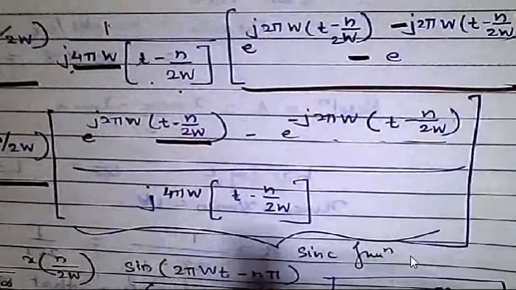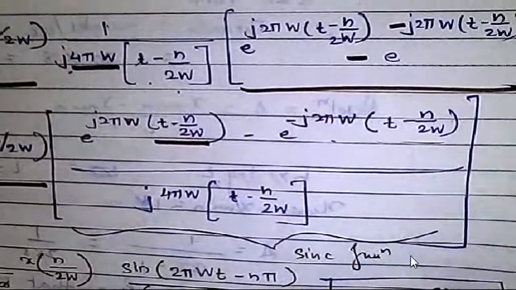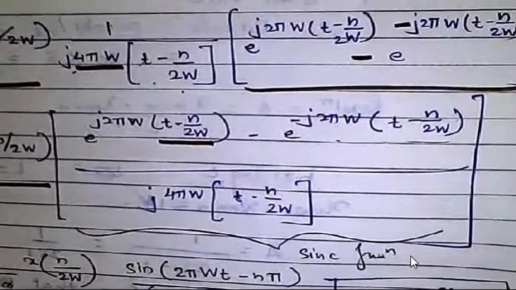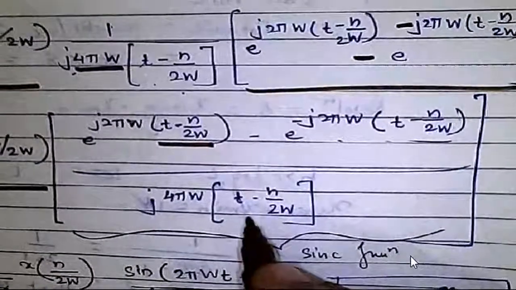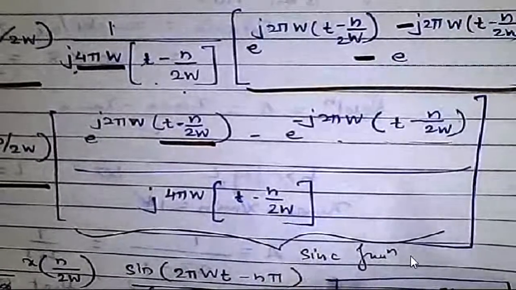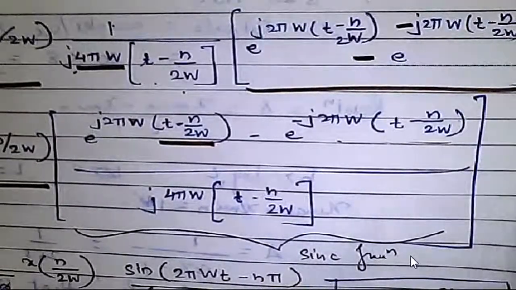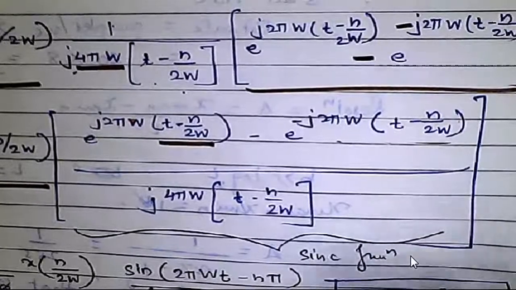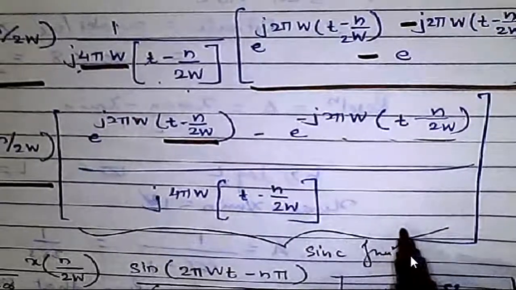This is recalling the term related to sine theta. It is nothing but e raised to j theta minus e raised to minus j theta divided by 2j. The same thing is done over here.